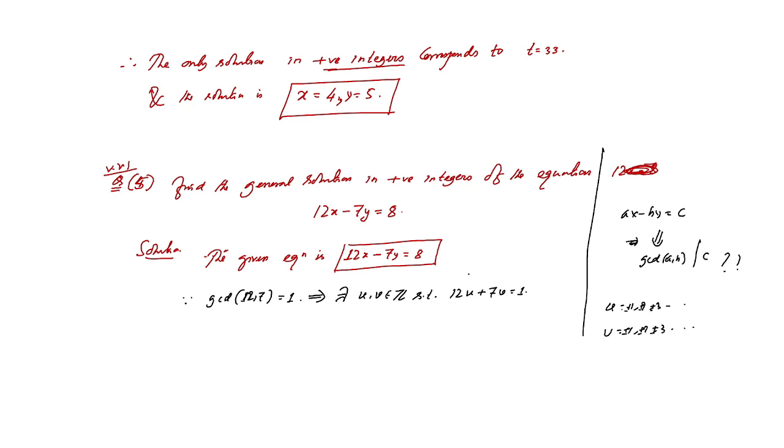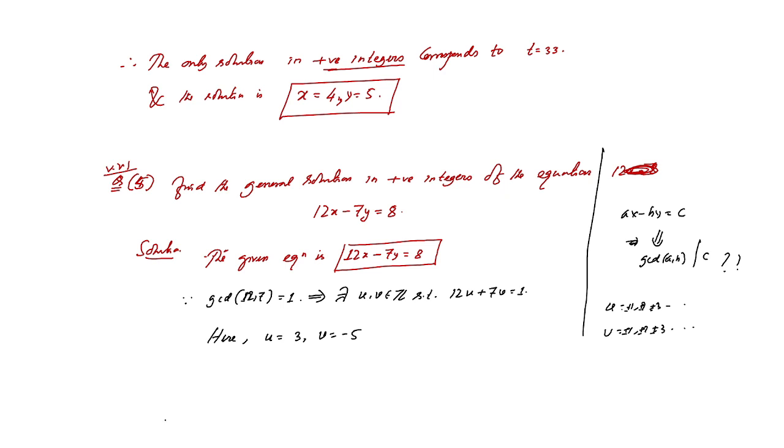In that way you can check. So here your u will be 3 and v will be minus 5. Otherwise you can use the Euclid algorithm, and from that you can find u and v.